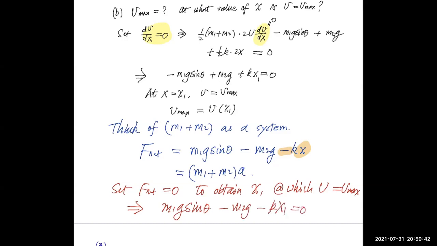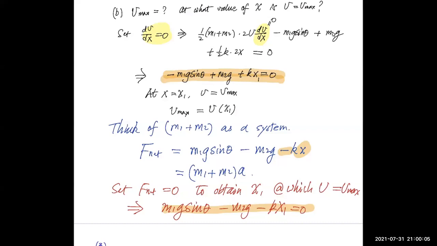But you see, that's the same exact expression that we got before, right here. These two are the same exact expression. Okay, the first expression we obtained right here comes from setting the derivative of every term of the energy expression with respect to x as 0.